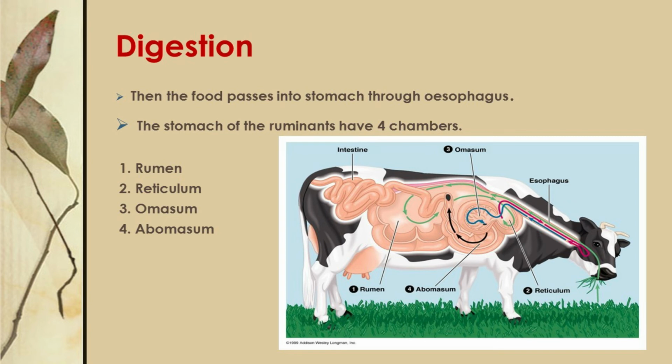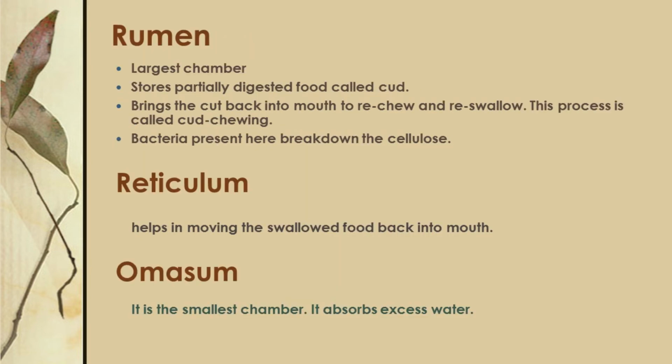The rumen is the first chamber and the largest part of the stomach. Basically, it stores the semi-digested food, which is known as cud, and it helps to bring the food back into the mouth to rechew it and make it ready to reswallow.